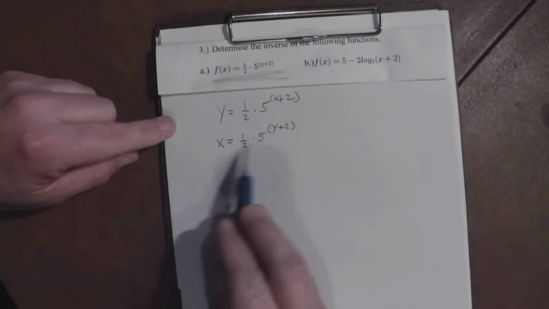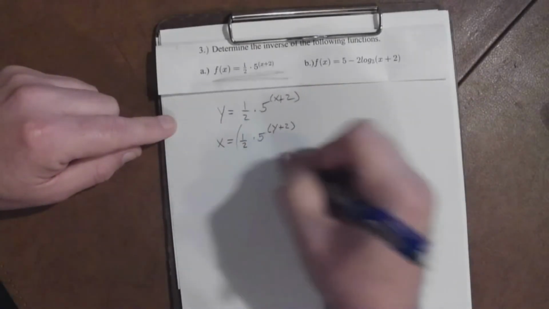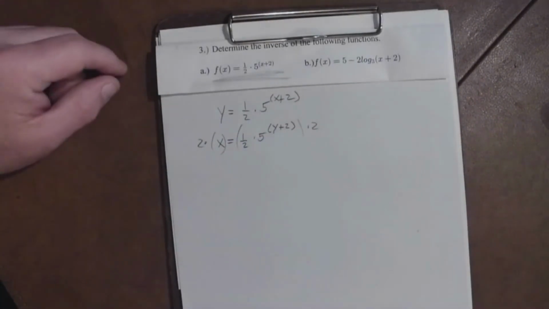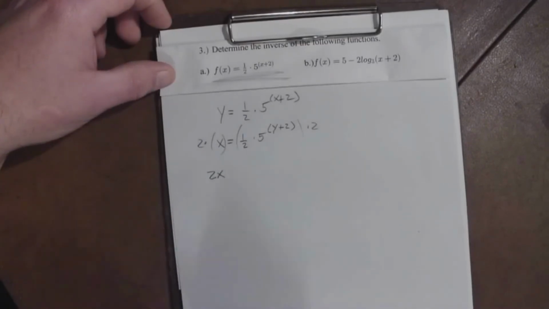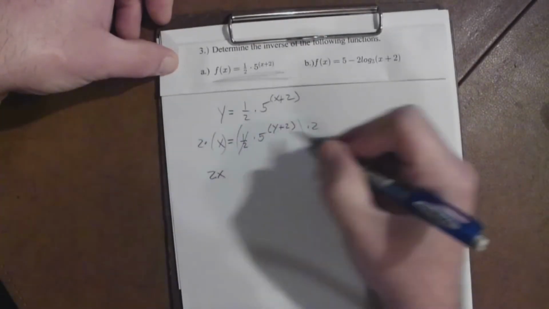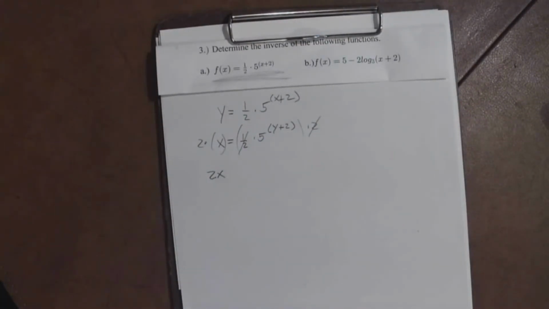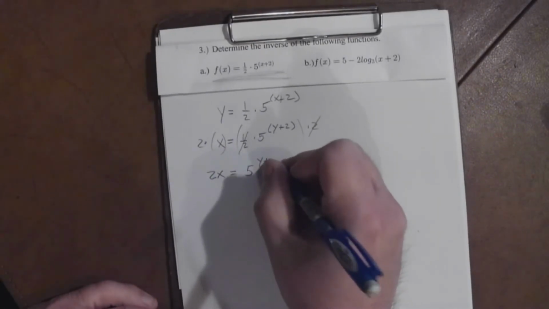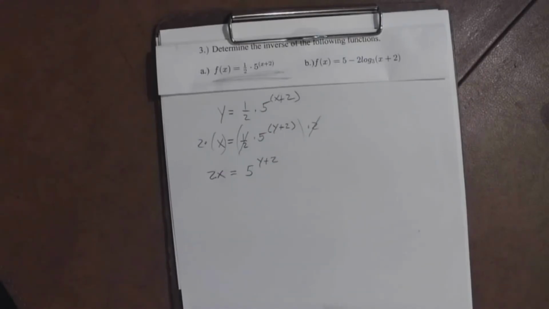First thing we would do to solve for y is we might multiply both sides of the equation by 2. That will give us just 2x on the left, but it will cancel that 1/2 in front of that 5 raised to the y plus 2 power. That will leave just 5 raised to the y plus 2 power on the right.